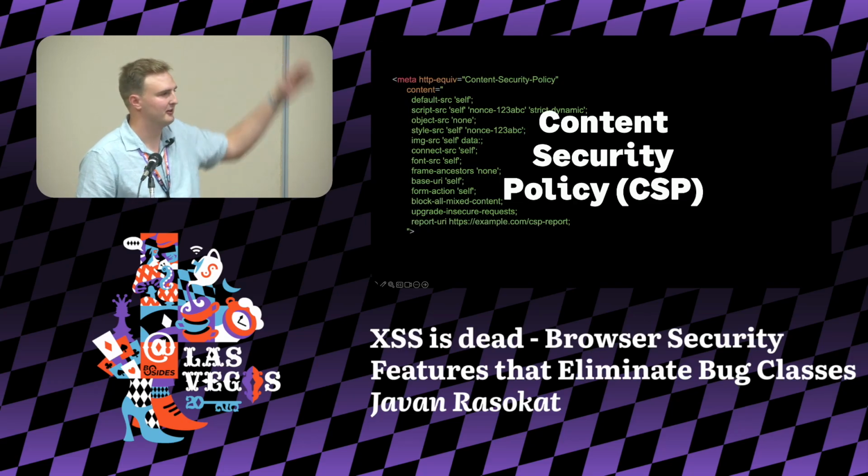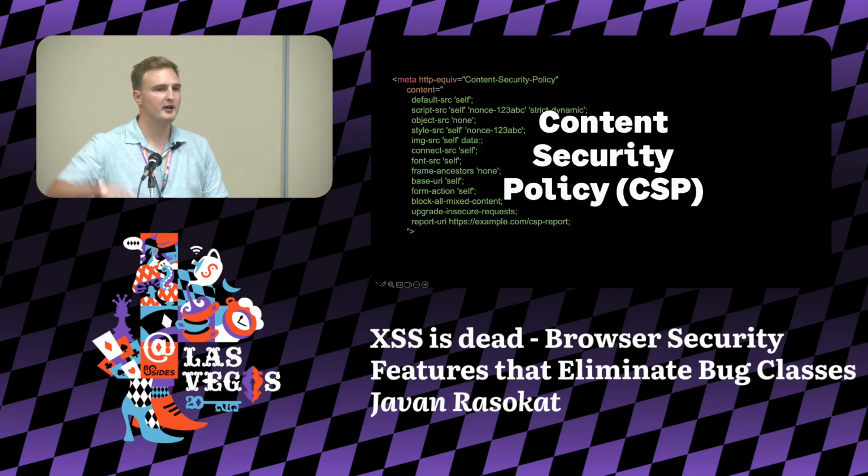You can see here an example of a content security policy. Who has a content security policy deployed for their applications? I see a lot of hands. Who thinks you have a secure one? You think so? That's the difference, isn't it? Moving to a strict content security policy is really going to eliminate lots of the cross-site scripting vulnerabilities.